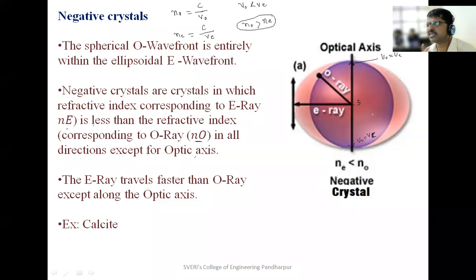Means the sphere and ellipse touch each other along which axis? Optic axis. In the direction of the optic axis, the velocity of the ordinary ray is equal to the velocity of the extraordinary ray.